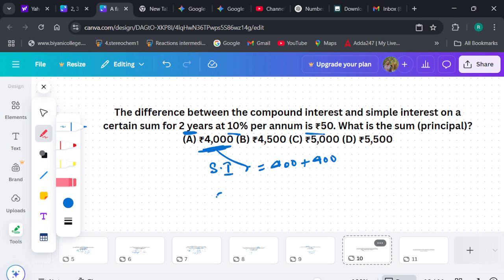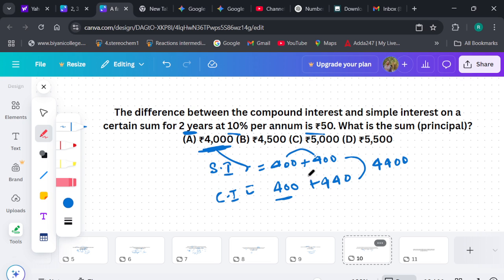This is simple interest. Compound interest, what will happen? 10 percentage of 4,000 will become 400. But now the interest is added to the principal, and the principal becomes 4,400, and 10 percentage of this will become 440. Now what is the difference between these two?